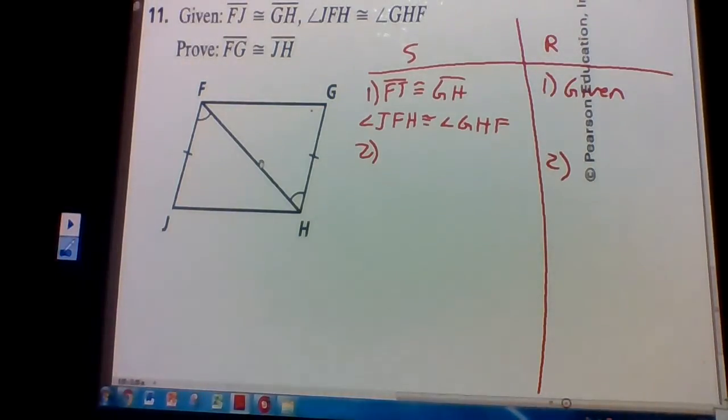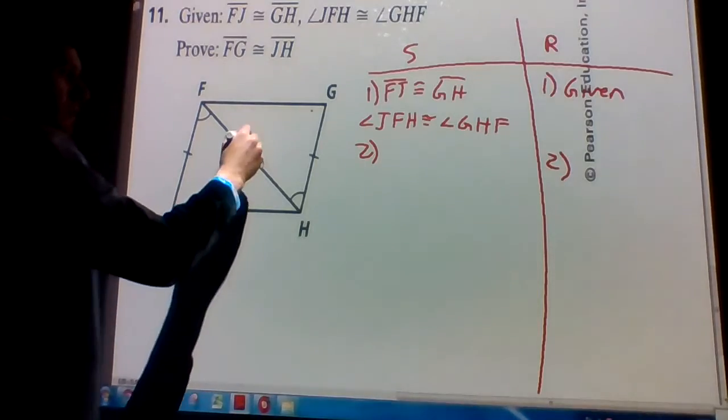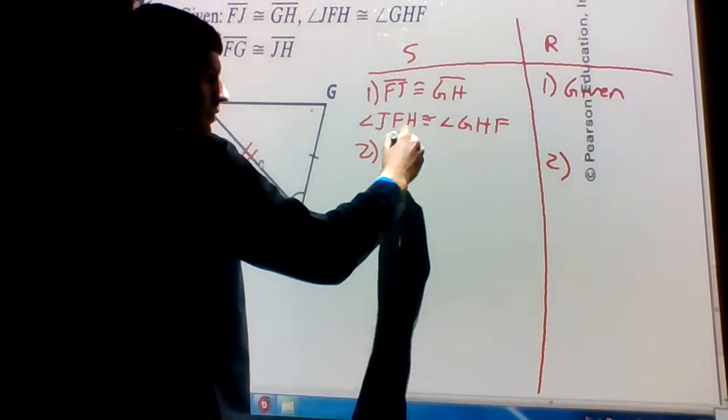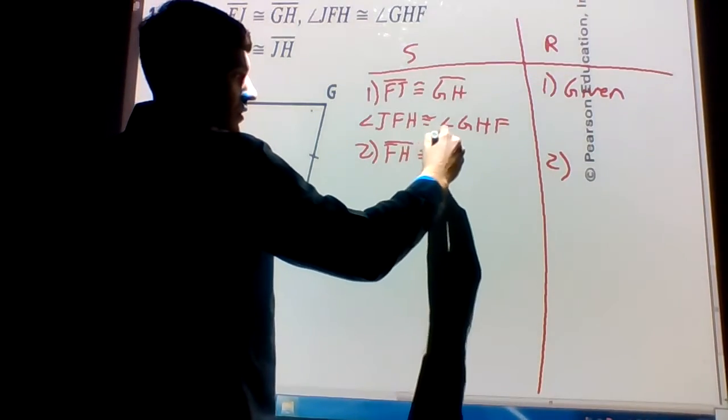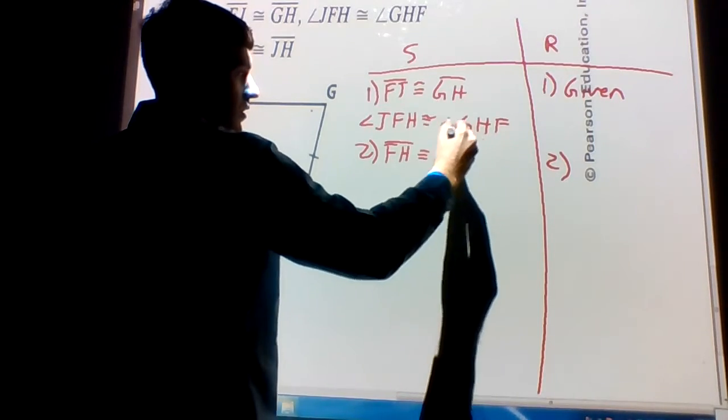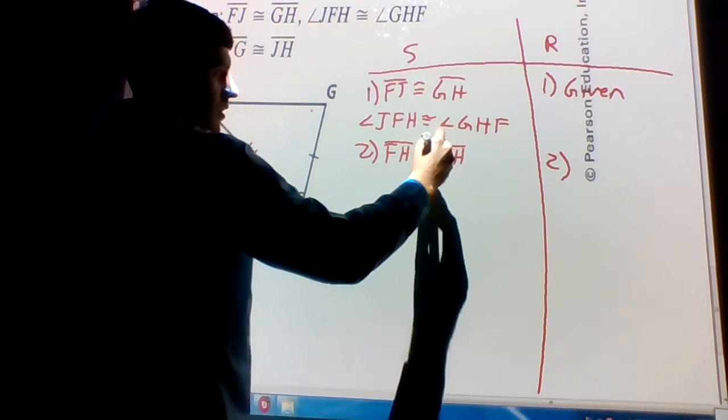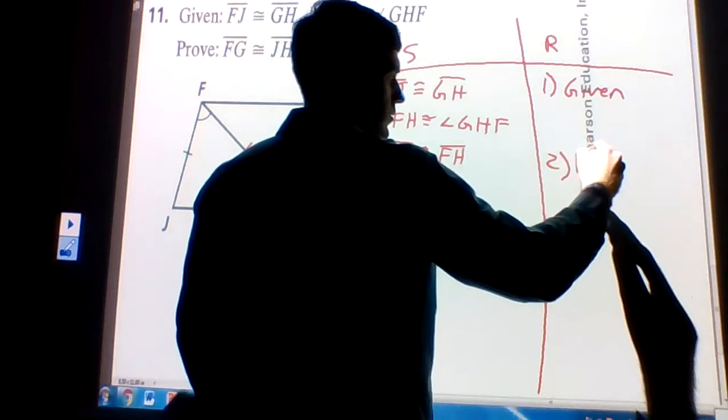We go down our list, we don't have vertical angles, but we do have a shared side. So we know that FH is congruent to FH. And that is the reflexive property.